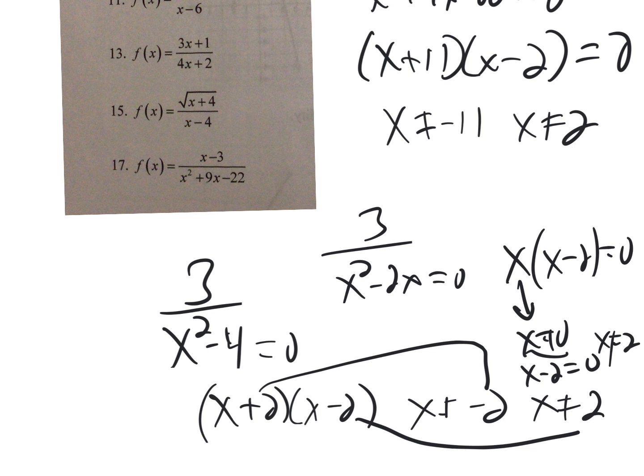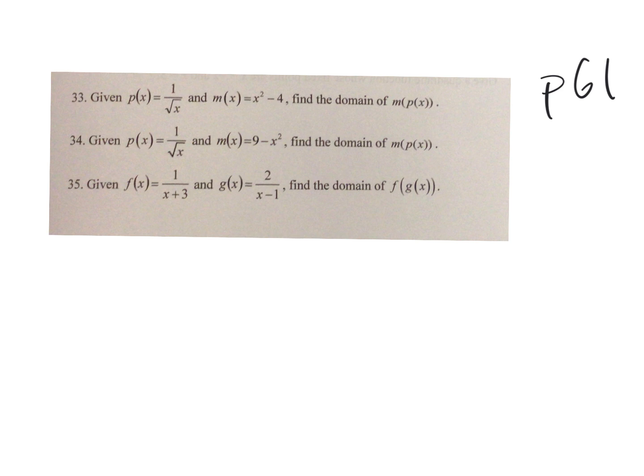All right. Now, the other thing I'll point out, these are from section 4, and what you've got to worry about when you're dealing with composite functions, you can do some algebra and get rid of some stuff, but the original domain limitations never go away. They're always there. So for 33, I've got 1 over the square root of x.